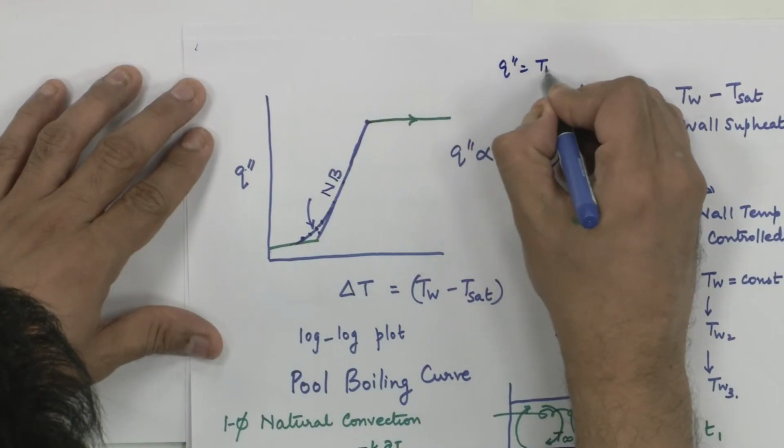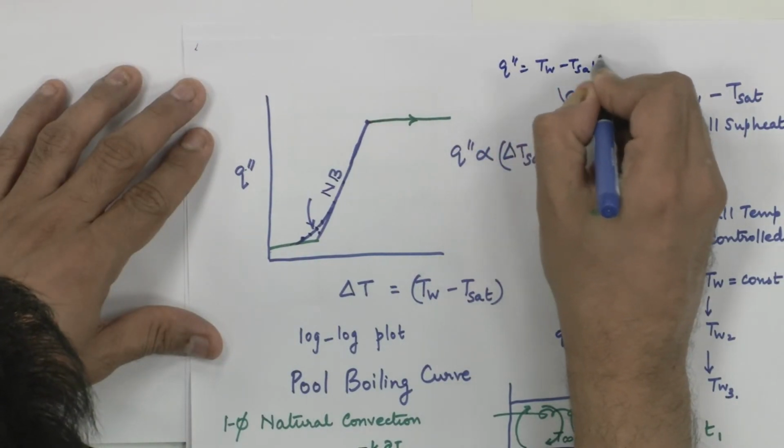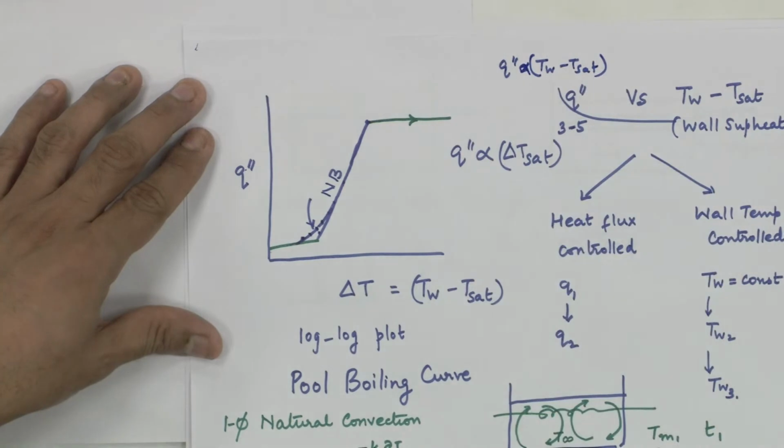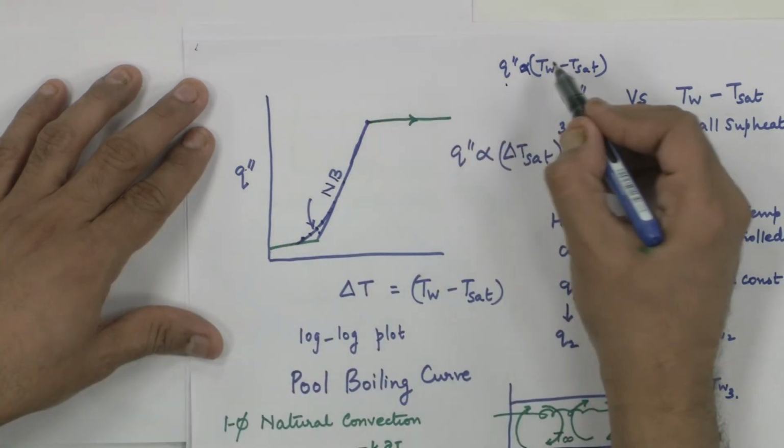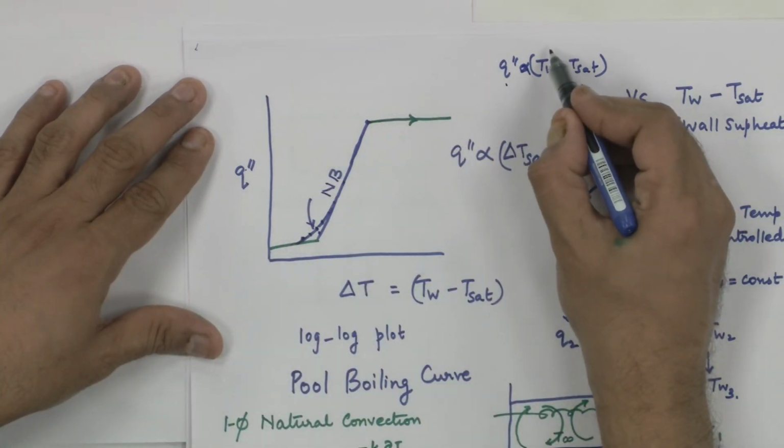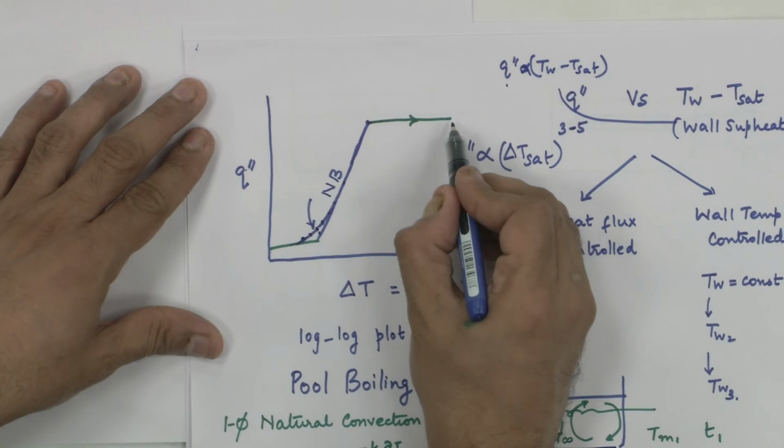When I supply heat, Q double prime is proportional to T wall minus T sat. If Q double prime is increasing and T sat is virtually constant, what is going to happen? T wall has to increase, and that is exactly what is happening here.